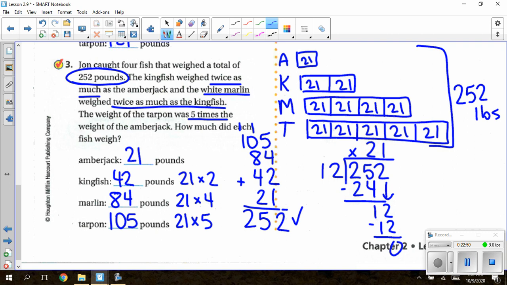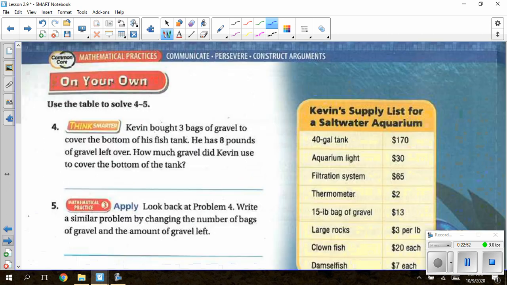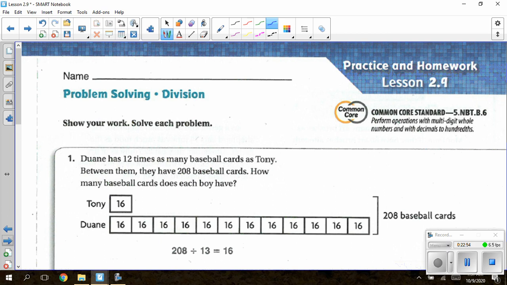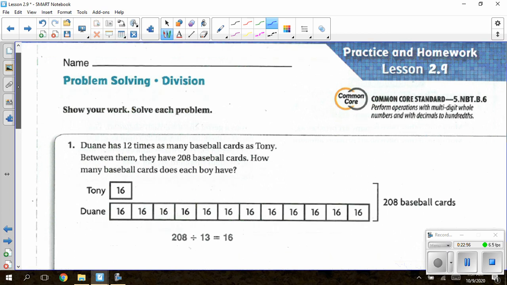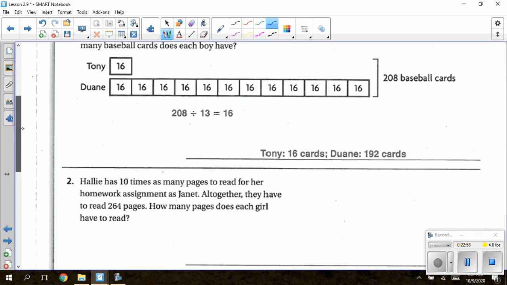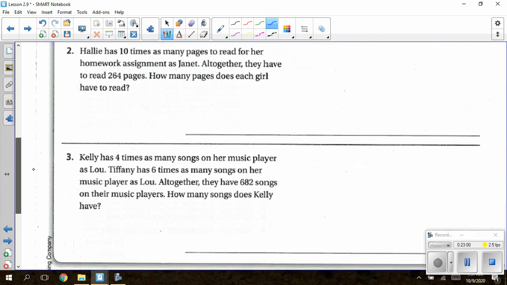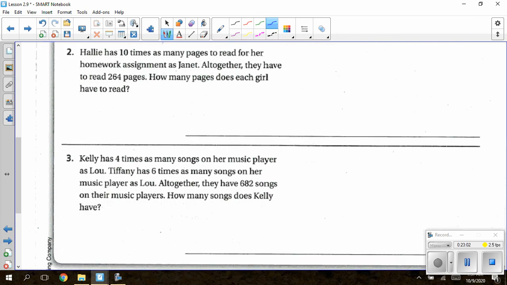So now setting up the questions for your homework. Number 1 was done for you to give you an example. So moving on to number 2. Hallie has 10 times as many pages to read for her homework assignment as Janet. Altogether, they have to read 264 pages.